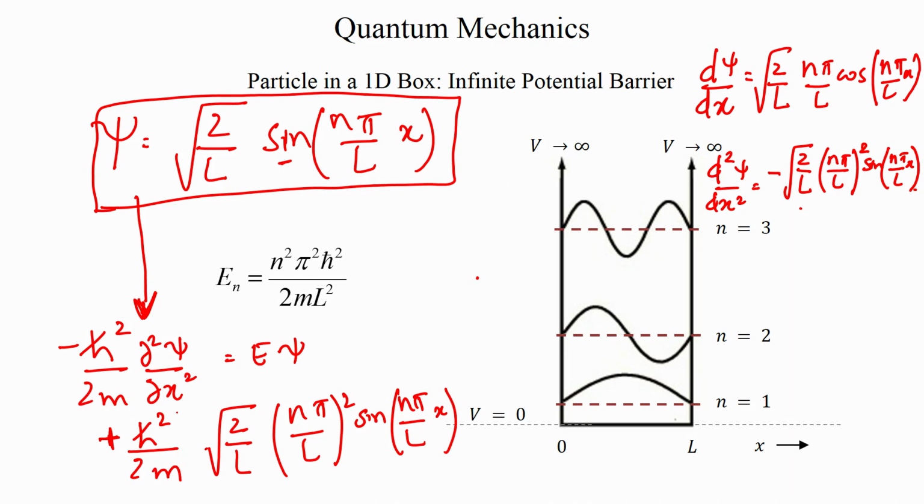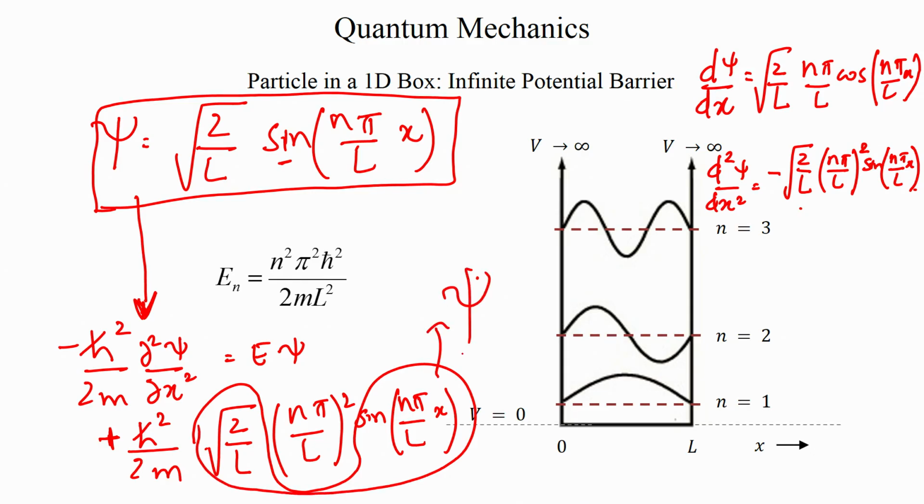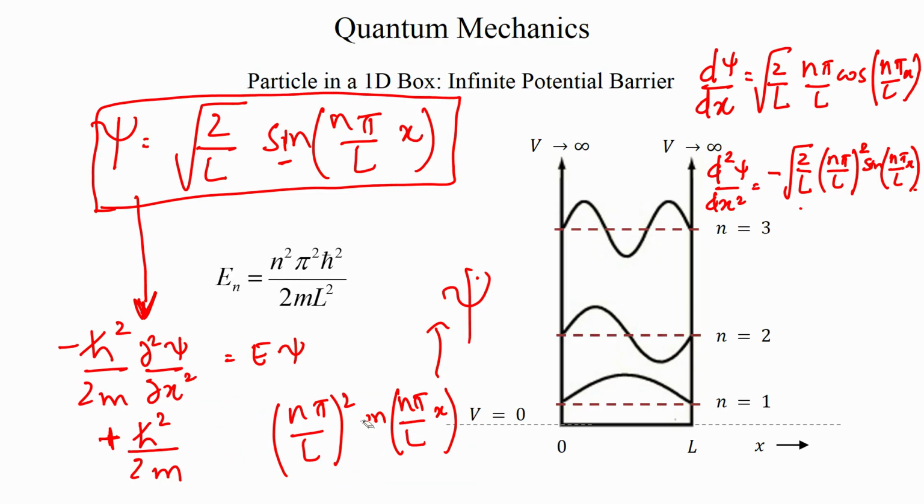You will notice that square root of 2 by L into this sine is nothing but your wave function psi. So you might as well just use psi here, and this is equal to E psi.